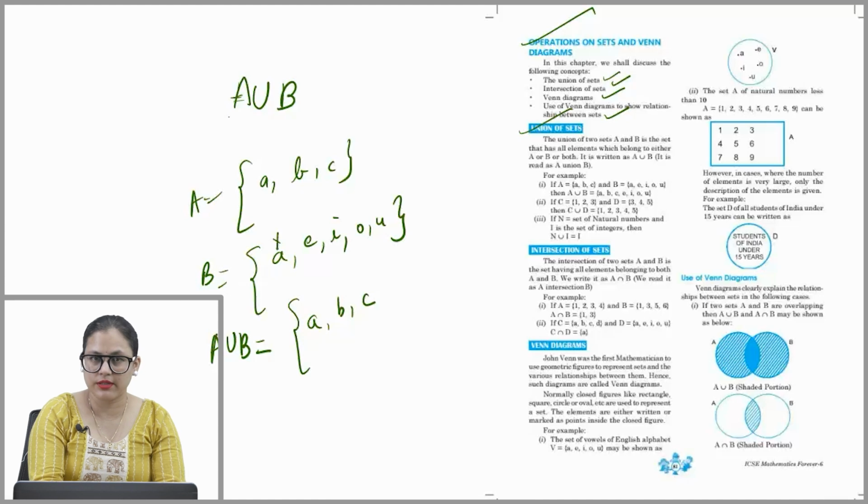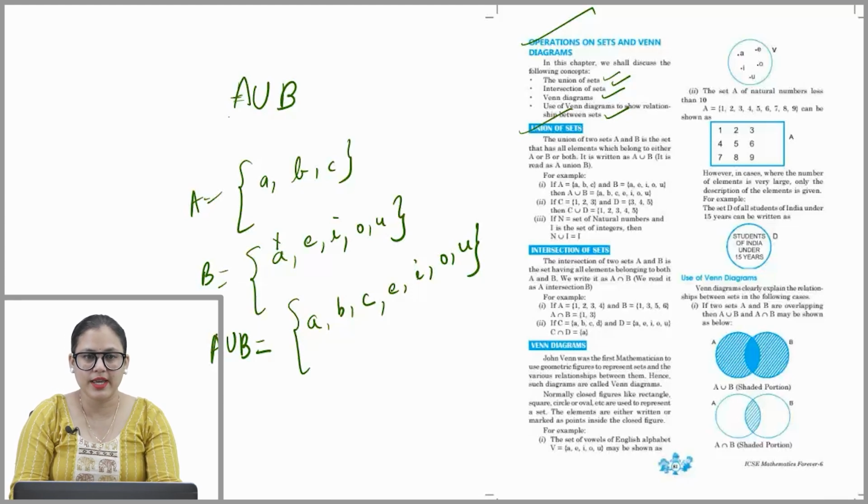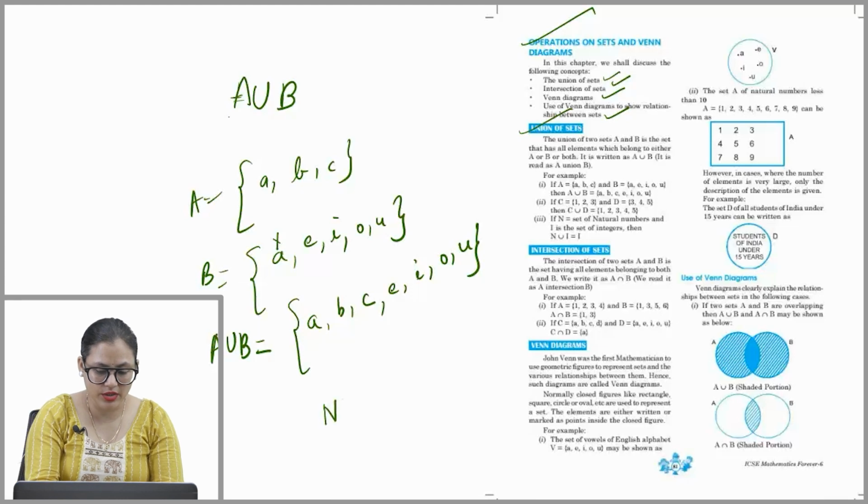We will not write this a again. Similarly, if C is equal to 1, 2, 3 and D is equal to 3, 4, 5, we will write all the numbers. 3 is repeating here, so we will write 3 only once. And third, if N is equal to the set of natural numbers and I is the set of integers, then N union I is equal to I.